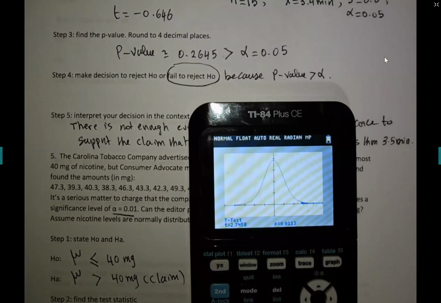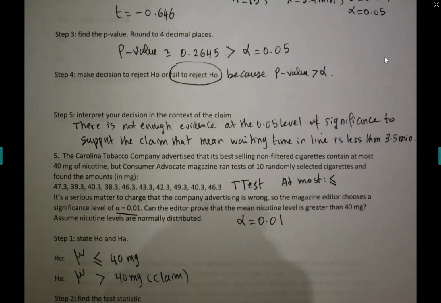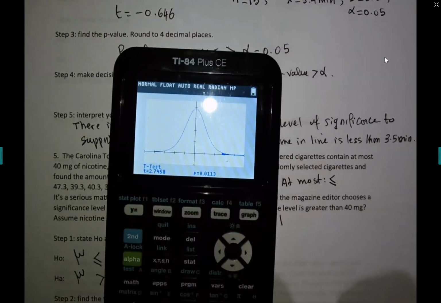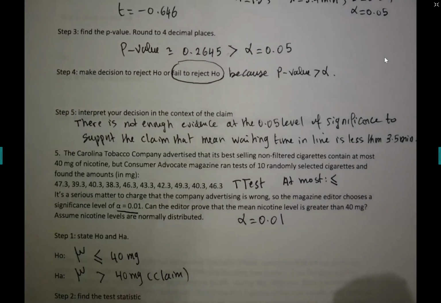So t is 2.746. And the p-value, let me write it down, 0.0113. I'm not sure how, but I got a different value than you.